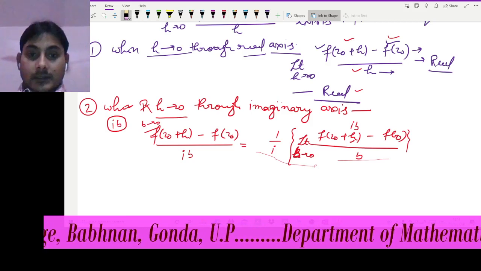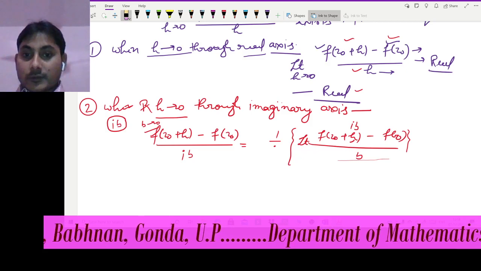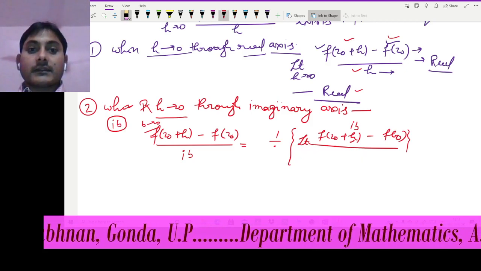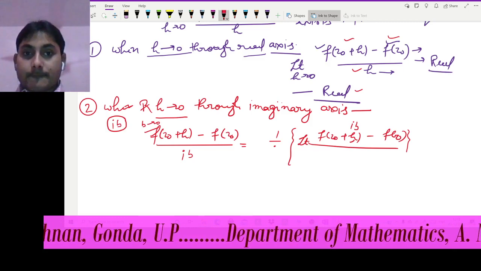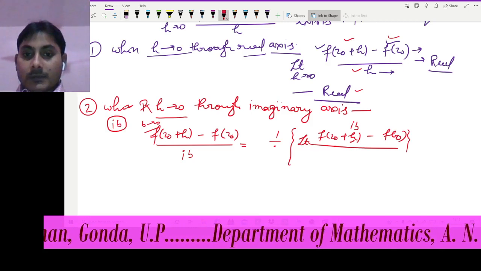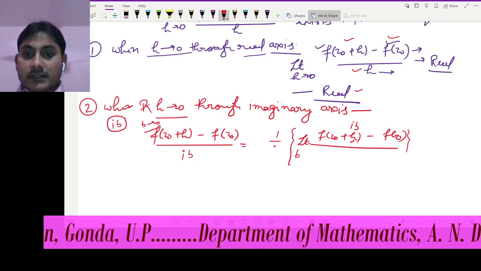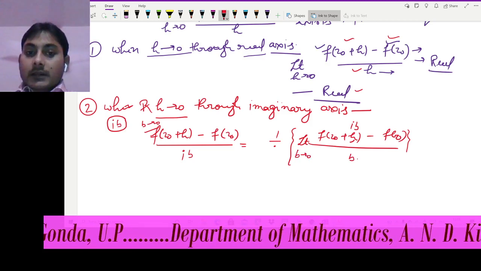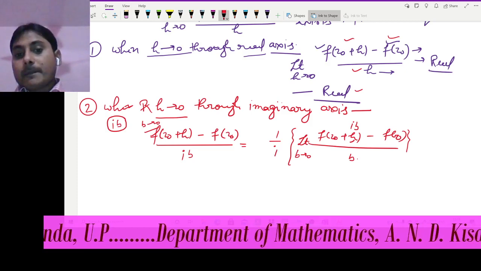Some lines automatically came into the picture, so I'm removing them and taking the next one. So I'm saying that here b is tending to 0, and here is the iota.